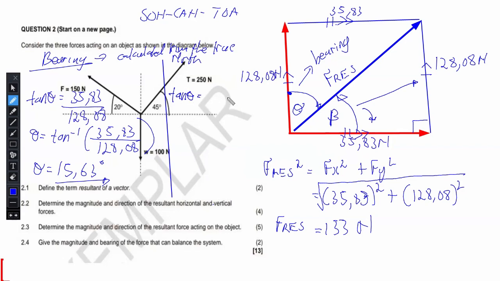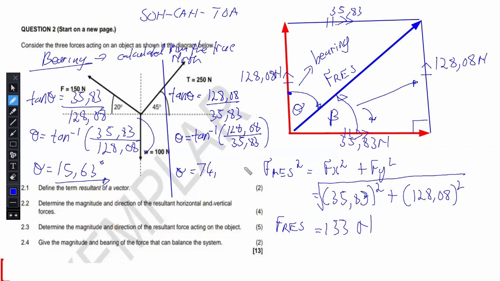So now you'll say tan theta is equal to 128.08 over 35.83, and theta is equal to arctan of 128.08 over 35.83.